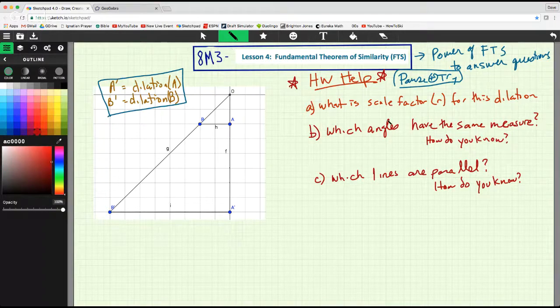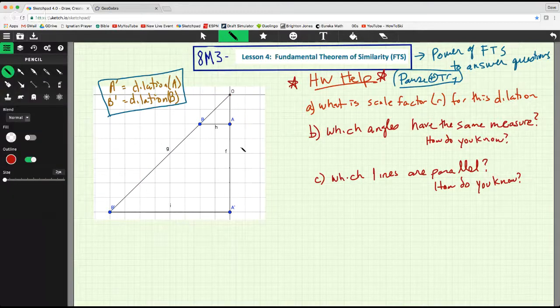Okay, now I assume you're back. Now let's find the scale factor for the dilation. Well, we can use either this side, or this side, or this side. It doesn't really matter to figure out our scale factor. Let's use the easy one. From here to here, it's 2. It's 1 unit, 2 units.